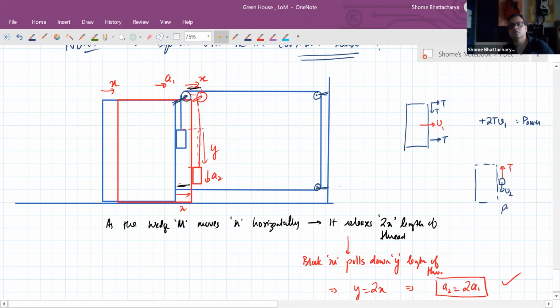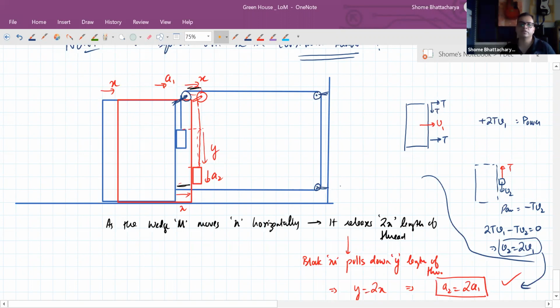So the power on the block is minus T v2. So net power must be 0. So 2T v1 minus T v2 must be 0. So v2 is equal to twice of v1. So from this also you get this by differentiating. So you can apply the virtual power method also.